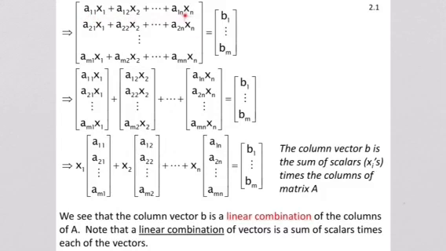The first row of A times the column vector x gives this result, the second row gives this result, and the last row of matrix A times the column vector gives this.